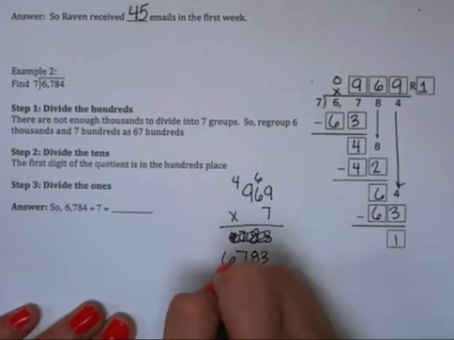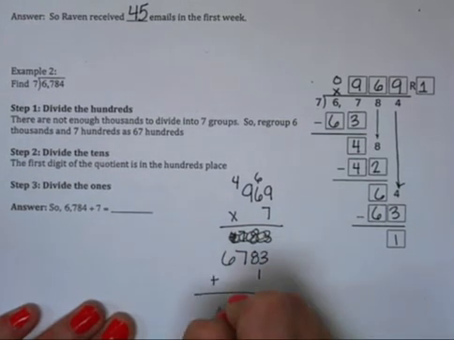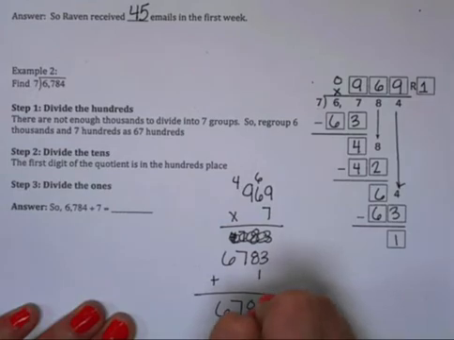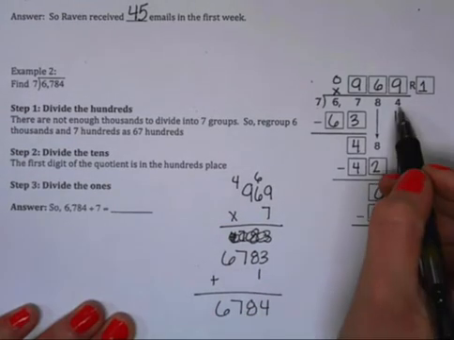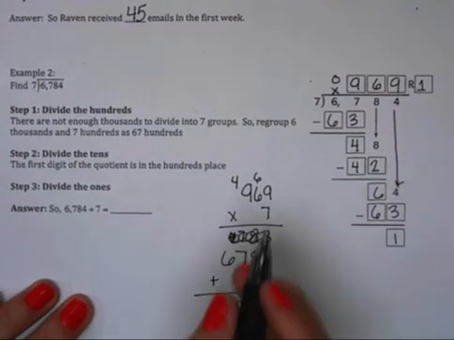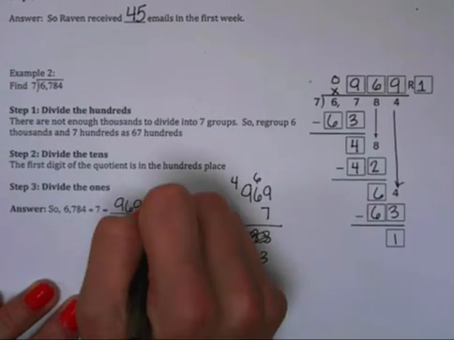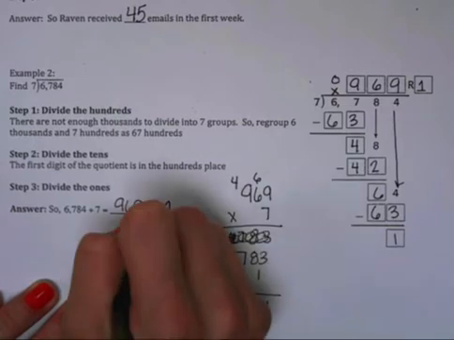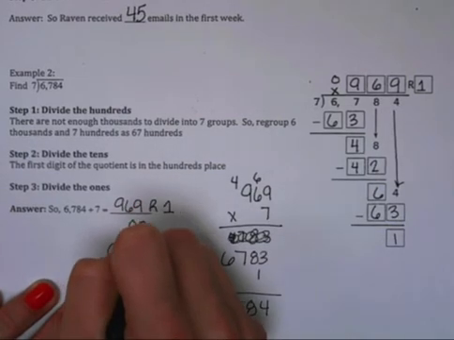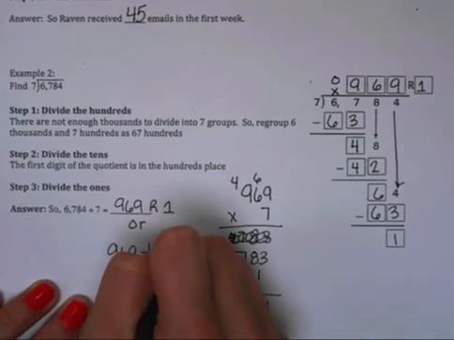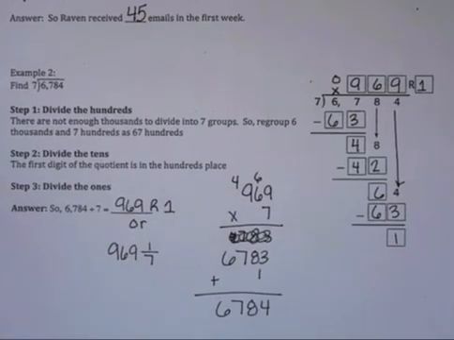And we need to add in our 1 remainder. So we have 6,784, which is the number that we originally started with. So we know that our division was done correctly. So we could write that as 969, remainder 1, or as 969 with 1 out of 7 left over.